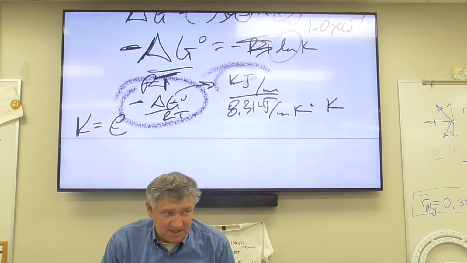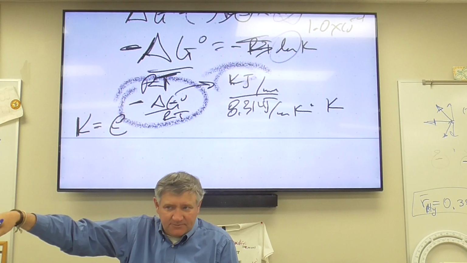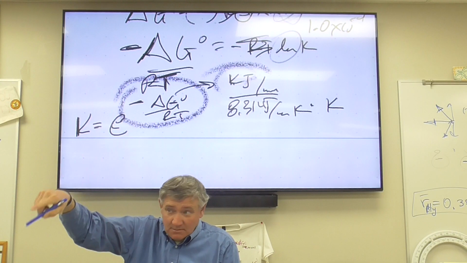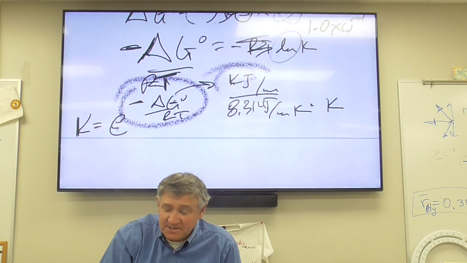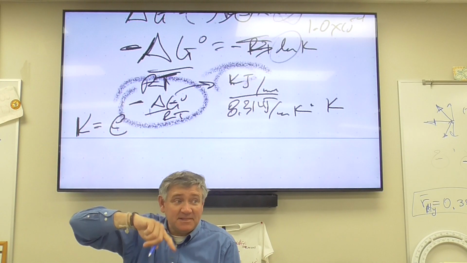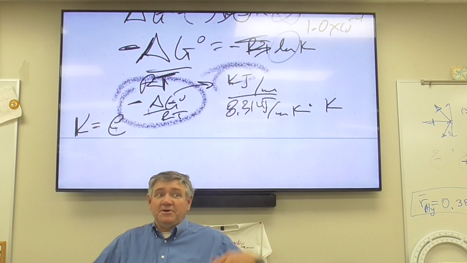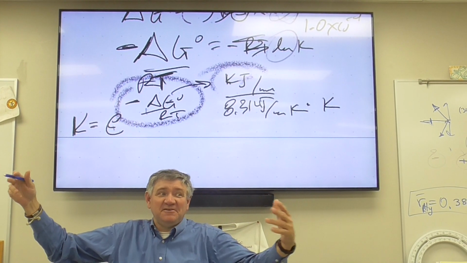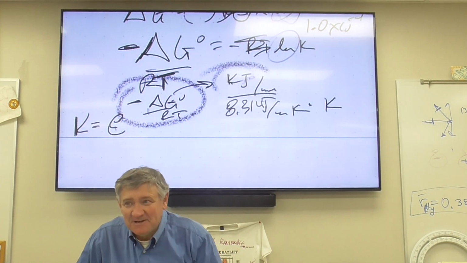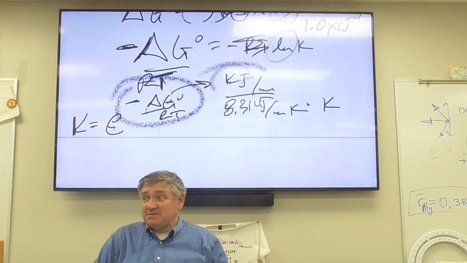If delta G is a negative value, then you're going to have a negative of a negative, which is going to make it positive. And then you're going to take e to a positive number, and mathematically, what are you going to get for the value of K? Big number or small number? Big number. Guess what? You're going to get a big number for K. It means the reaction is going to be spontaneous in the forward direction.